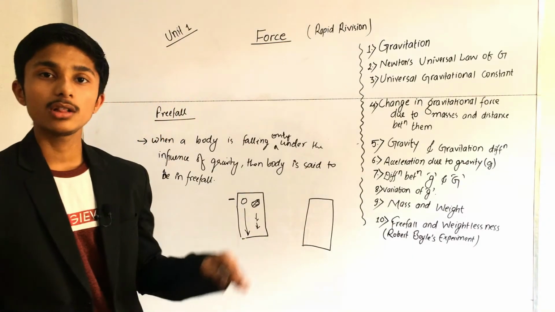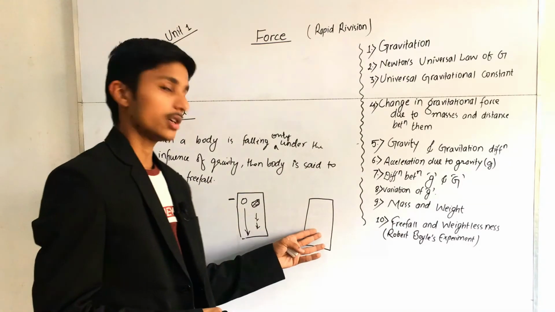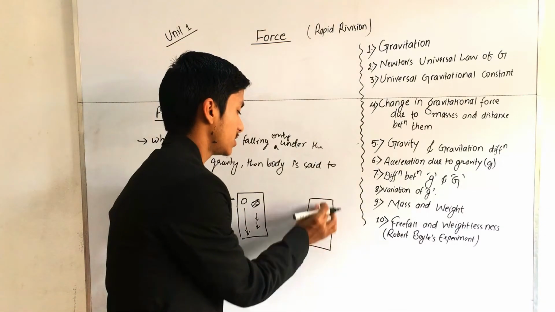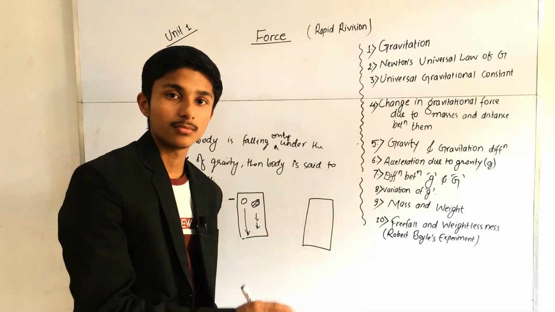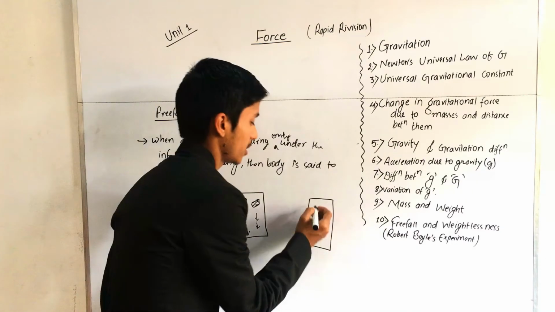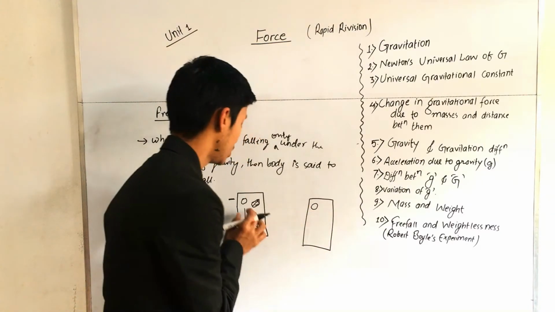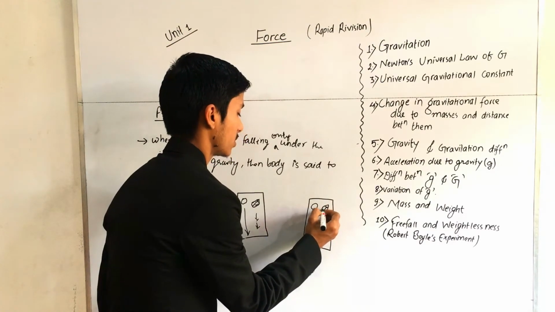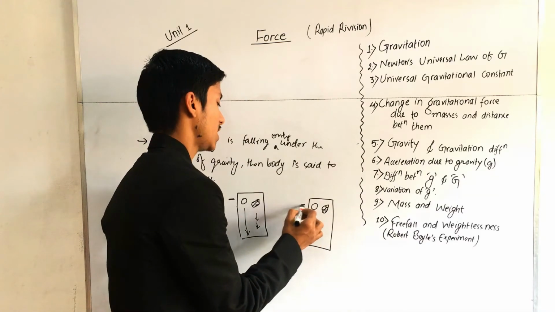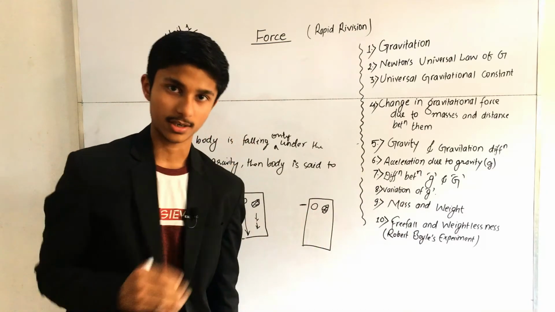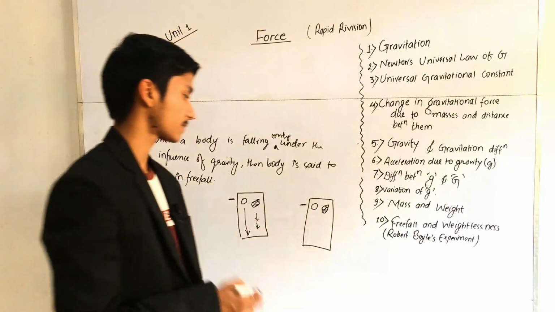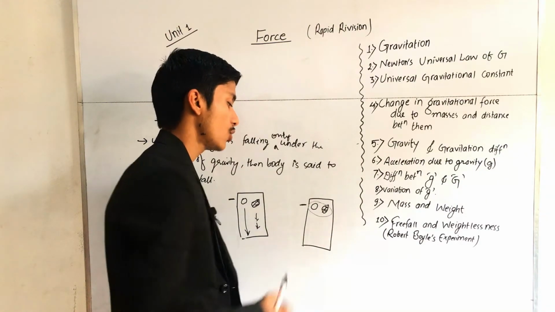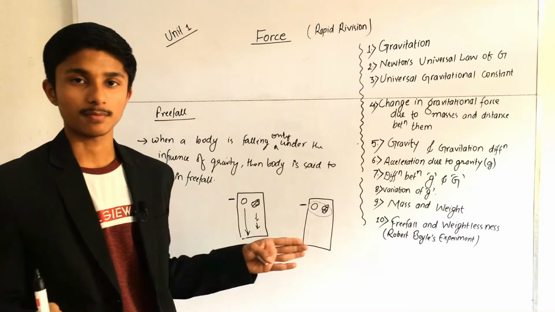In the next case, he removed all the air from the jar. It means inside the jar there is a vacuum. In that condition, he performed the same experiment. He put the coin and feather at some height in the jar and dropped these two objects at the same time.